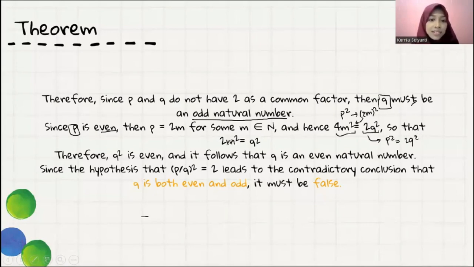So that we can write it into 2m squared equals q squared. Therefore, we get in here q squared is an even number, and it follows that q is also an even natural number. Since the hypothesis that (p/q) squared is 2 leads to the contradictory conclusion that q is an odd natural number and q is also an even natural number, it must be false.